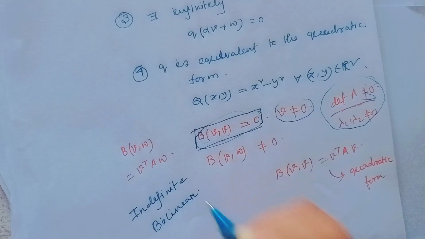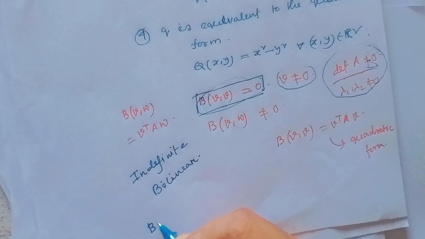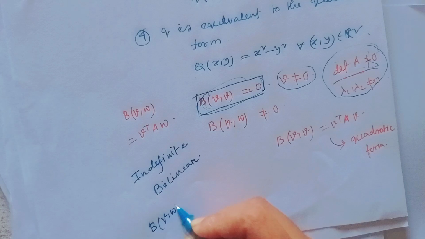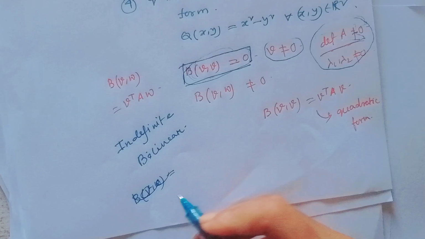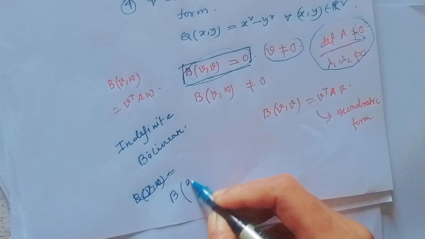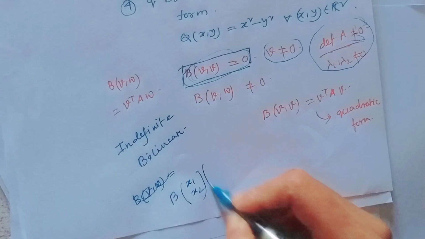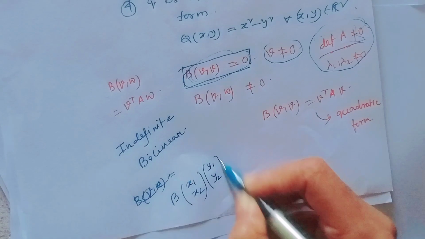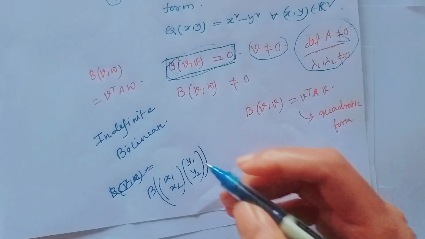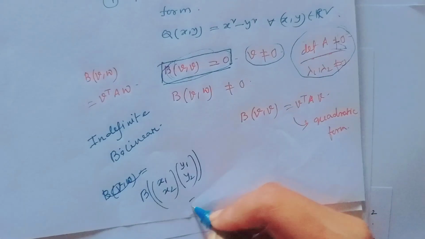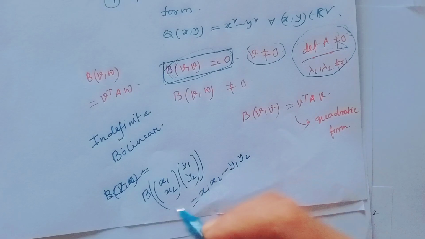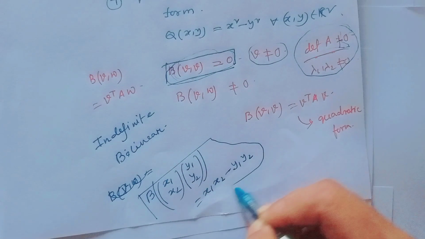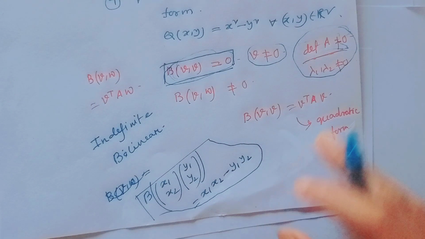And all of us know the standard form of the indefinite form. The bilinear form looks like b of (x1, x2), (y1, y2) equal to x1 x2 minus y1 y2. This is the standard indefinite bilinear form.